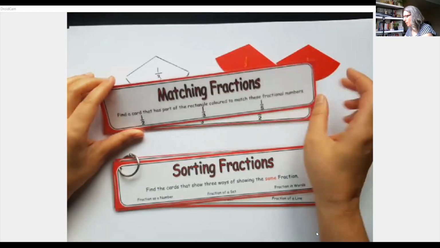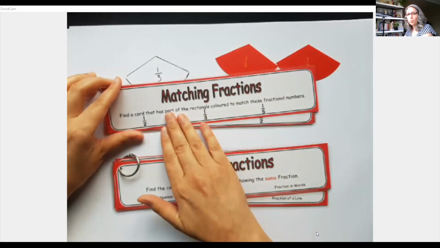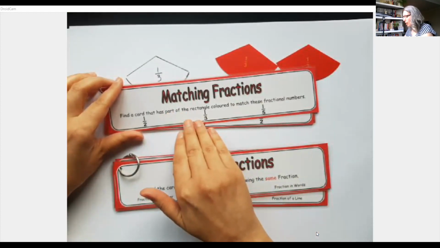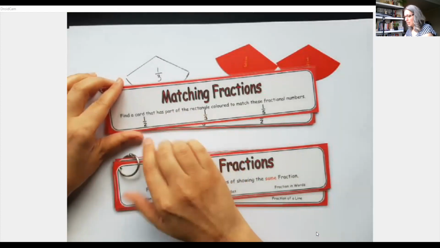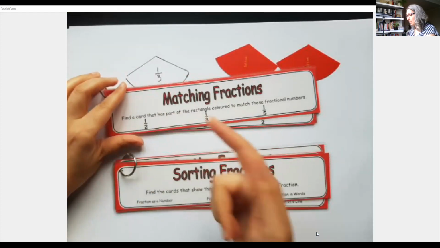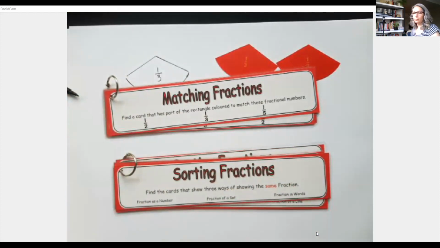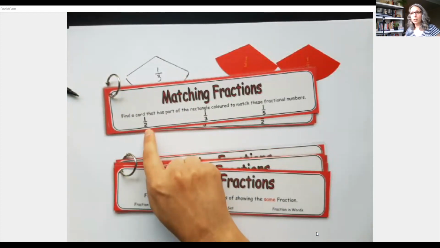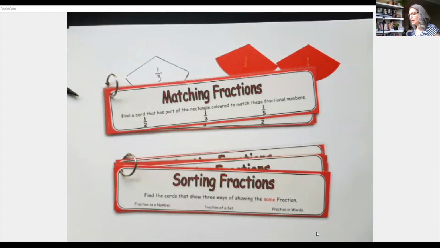They'll pick this one up and I say, match all of these fractions. So how many ways can we show halves? Well, as a line, as a piece of a shape, as a circle, as a symbol. So there are many ways. So, find all the ways you can show halves with all of those cards.